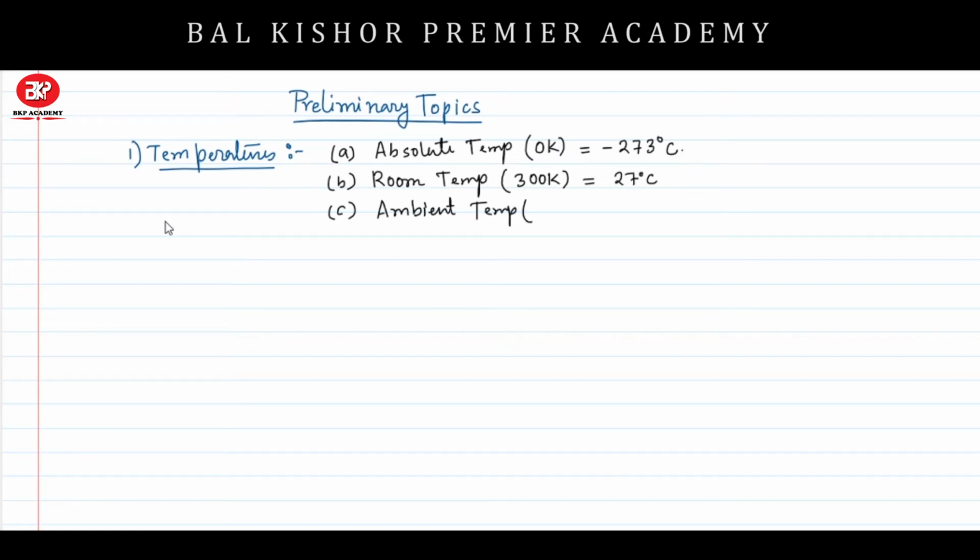and this ambient temperature is 290 Kelvin, which is equal to 17 degrees centigrade. So these three temperatures will be frequently used in electronic devices and circuits.